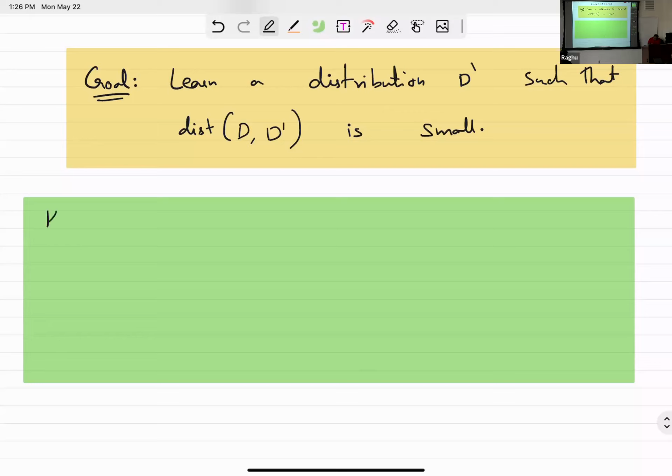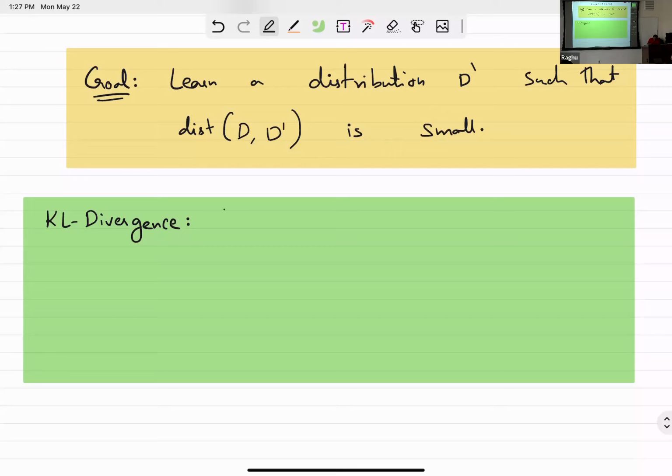Actually, KL divergence is not a distance, but that's the one that's most useful when talking about distributions. In ML parlance, KL divergence is basically the same as cross entropy. So when you say you can try to learn things with respect to cross entropy loss, you're basically trying to minimize the KL divergence.